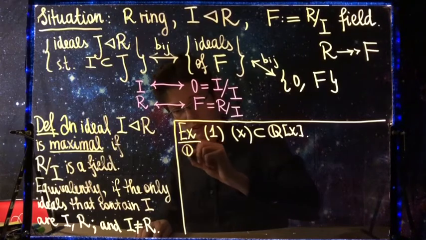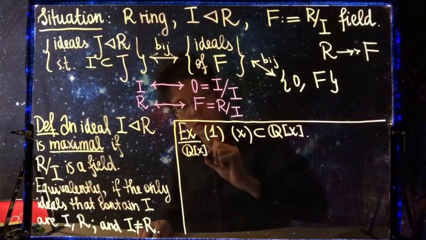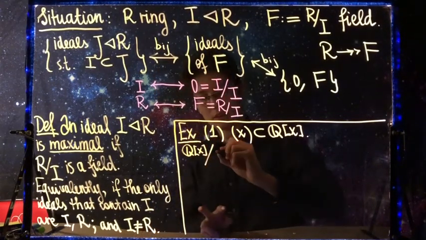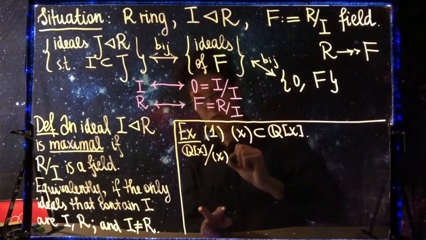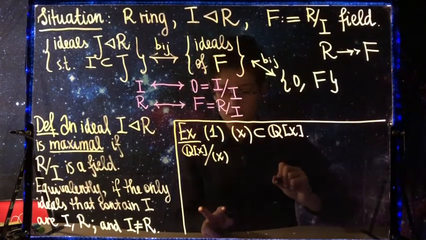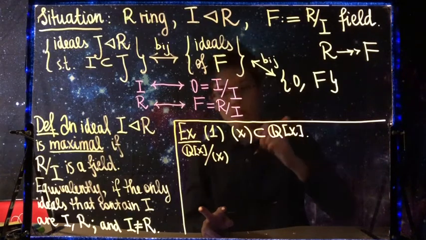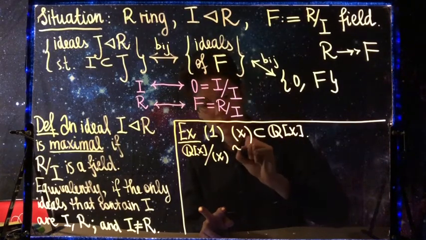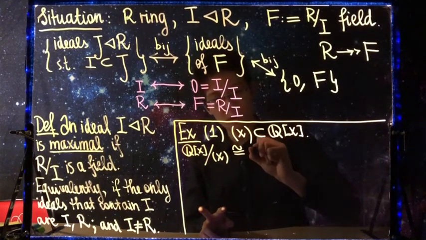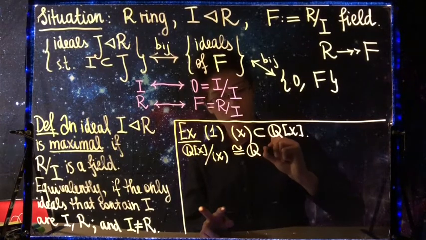We can see this by calculating the quotient Q[x] mod x. And we can observe that it is isomorphic to Q itself, which is a field.